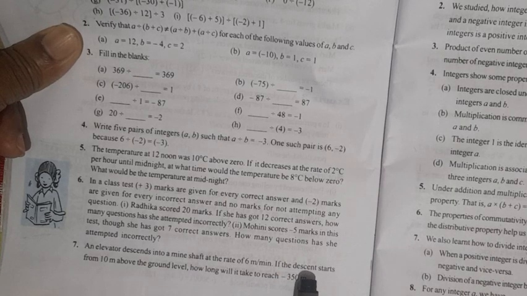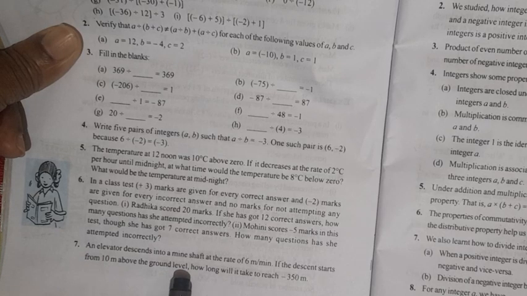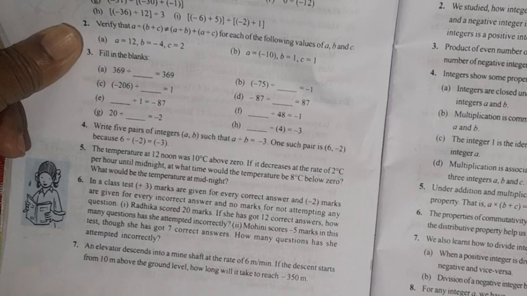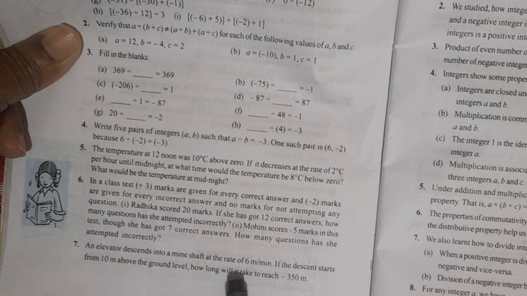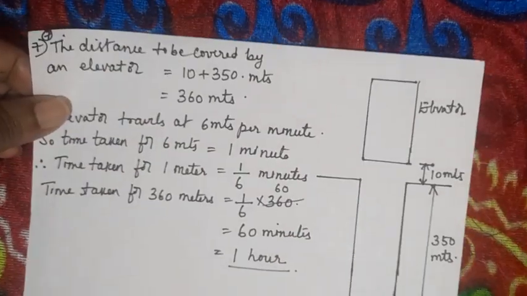If the descent starts from 10 meters above the ground level, how long will it take to reach 350 meters? What they are saying is, if it starts 10 meters above the ground level, how long will it take to reach 350 meters? Now understand the question carefully.